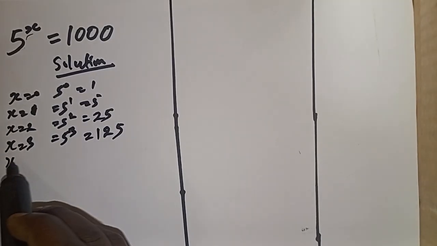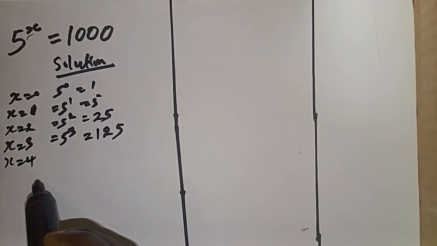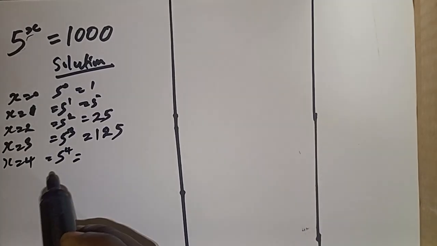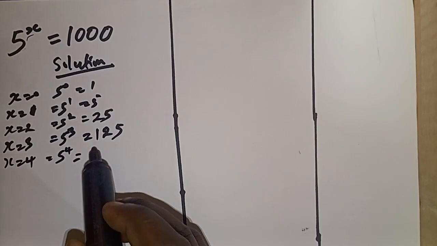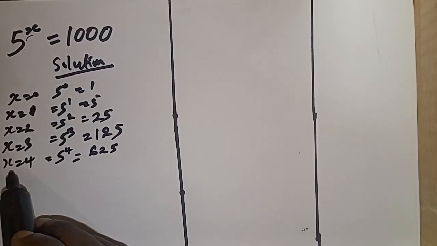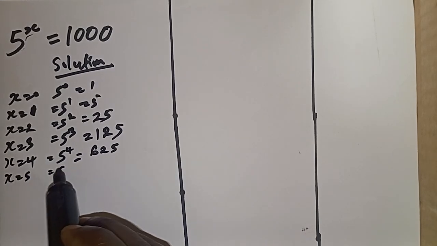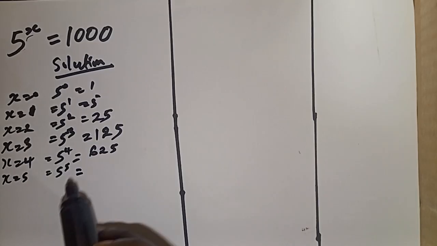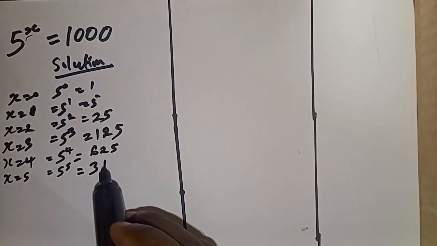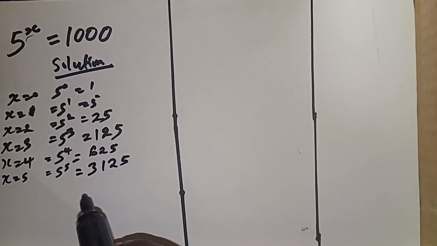So what if x is equal to 4? Then this becomes 5 to the power 4, which gives us 625. Let's say x is equal to 5, then 5 to the power 5 jumps a bit higher to 3125.